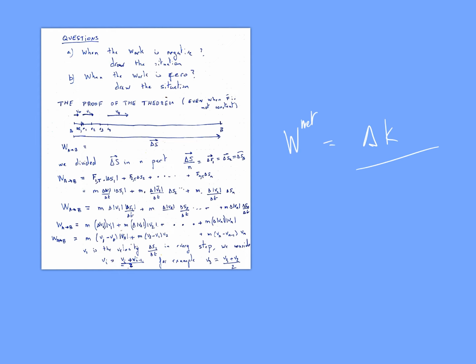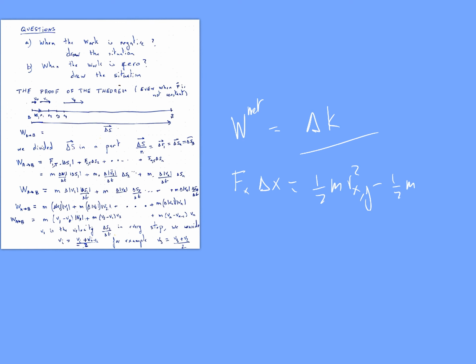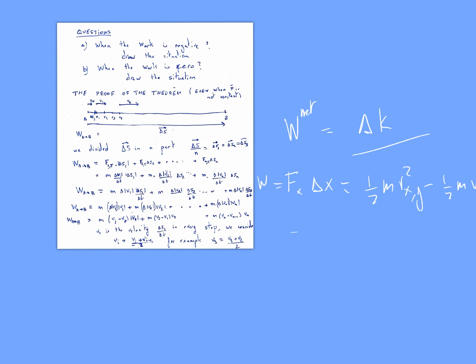You see carefully, and you will see that Fx delta x will be 1/2 m vx squared final minus 1/2 m vx squared initial. So this is the work, and you see a more general proof that the work in going from A to B is the change in the kinetic energy.